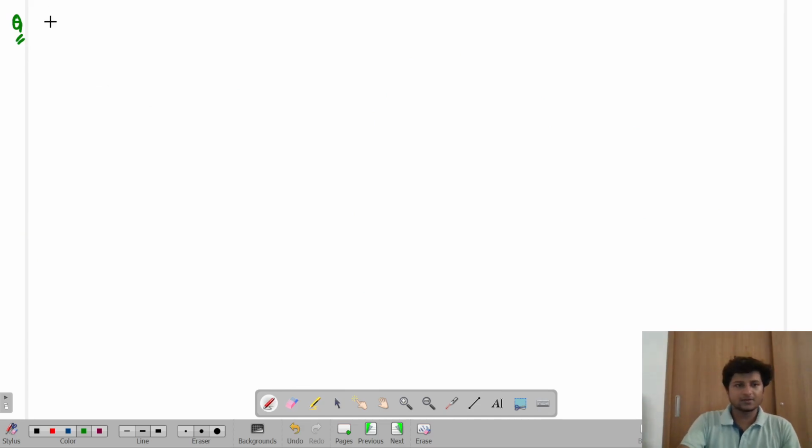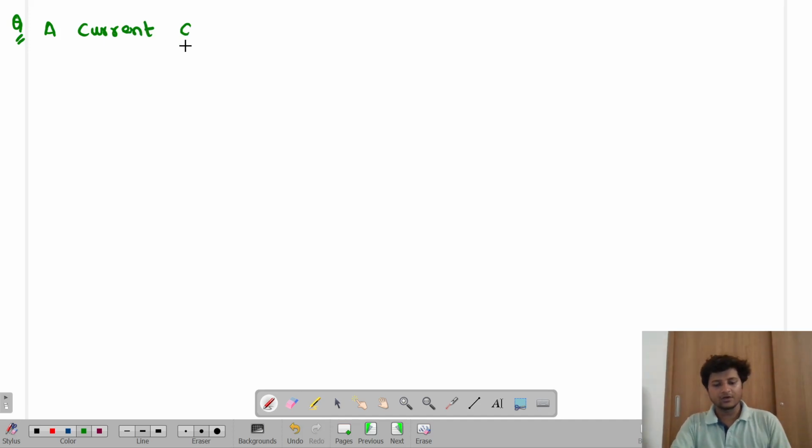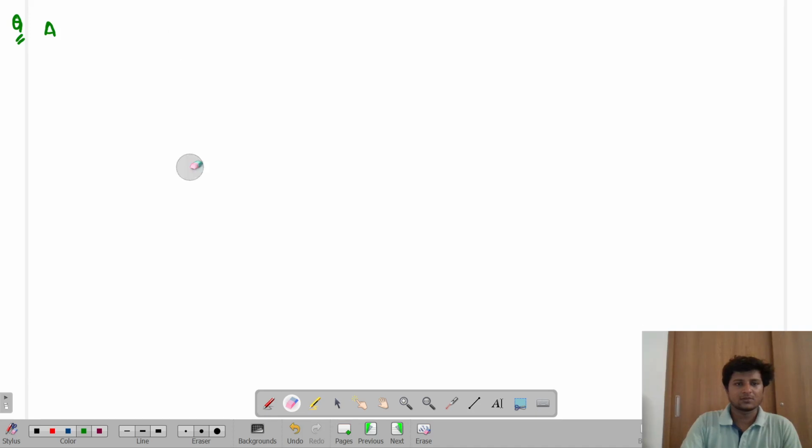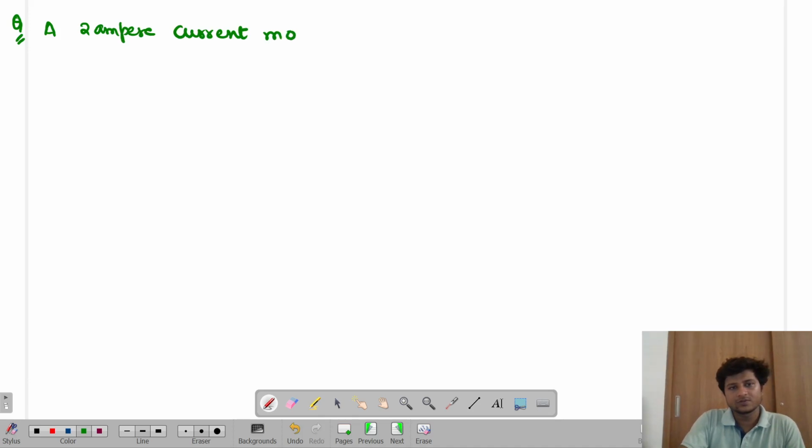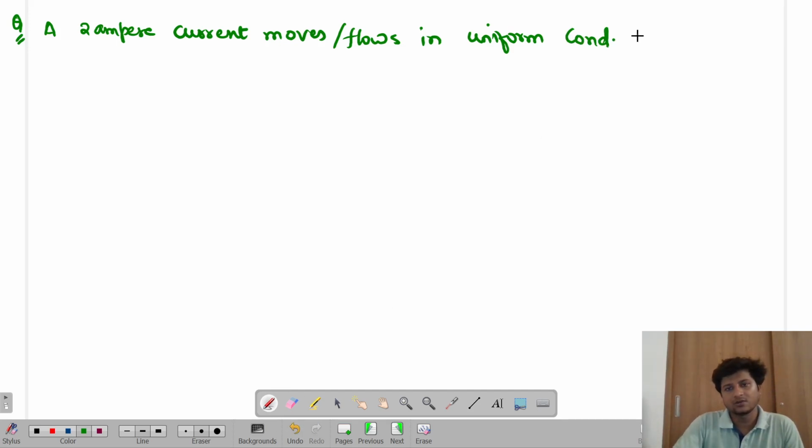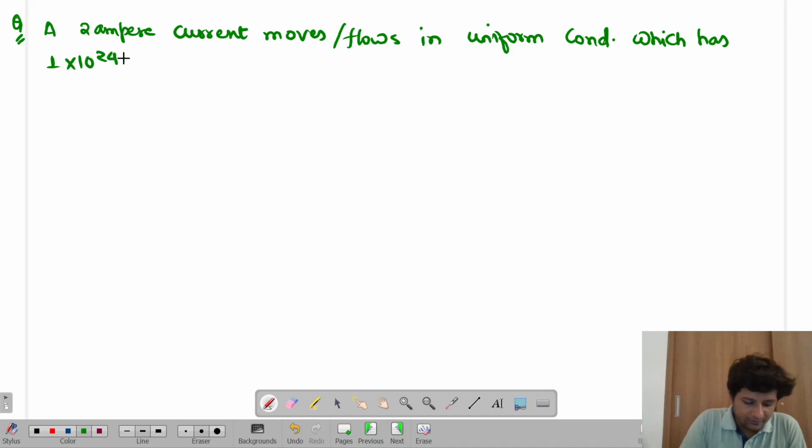It says that a current-carrying wire, a 2 ampere current, moves or flows in a uniform conductor which has 1 into 10 to the power of 24 free electrons per meter.